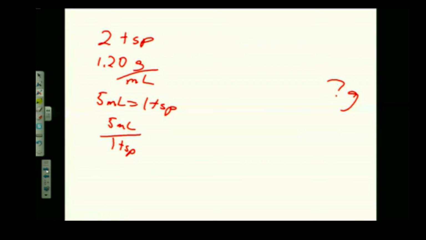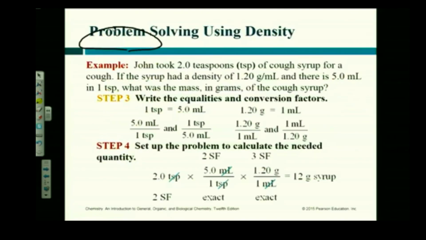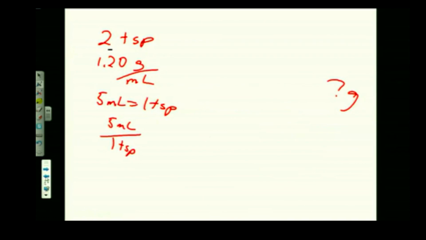This number right here only has 1 unit on it. So what is the most likely number that I will use first? 2.0 teaspoons, right? So I'm going to use it first.